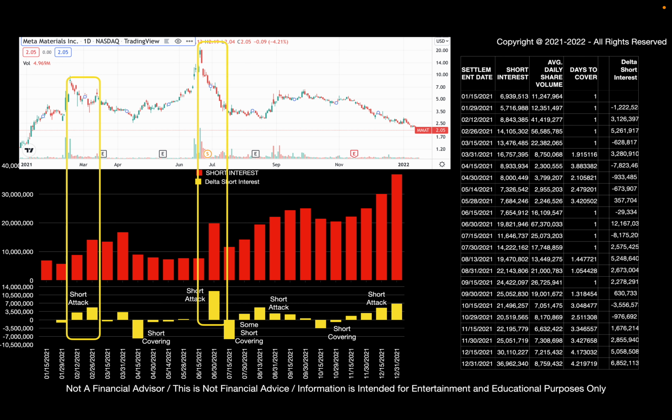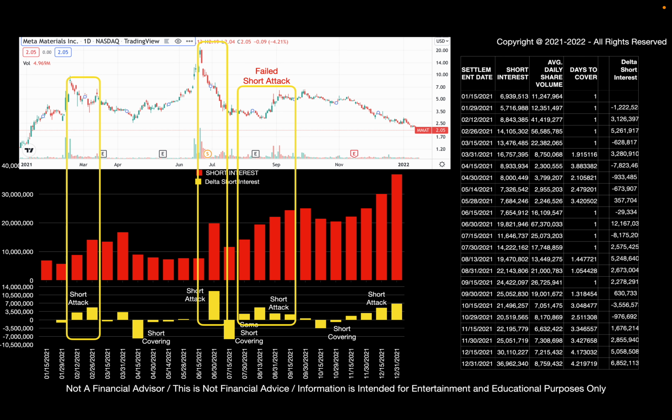In the middle of the year, we see that that large short interest spike dropped the price from over $14 a share all the way down to around the $3.50 point. So that was a very, very devastating short attack. At this point, the next short attack looks like it failed.